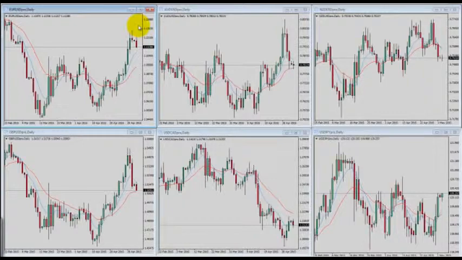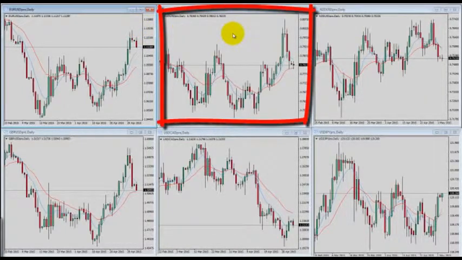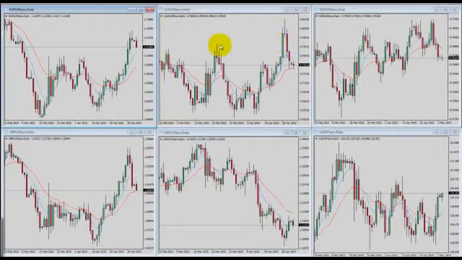Moving to our right, we have Aussie US dollar, and it too had a very strong move up, which broke above resistance to our left over here. We've since seen prices pulling back into this support area, and they're trying to stabilize.